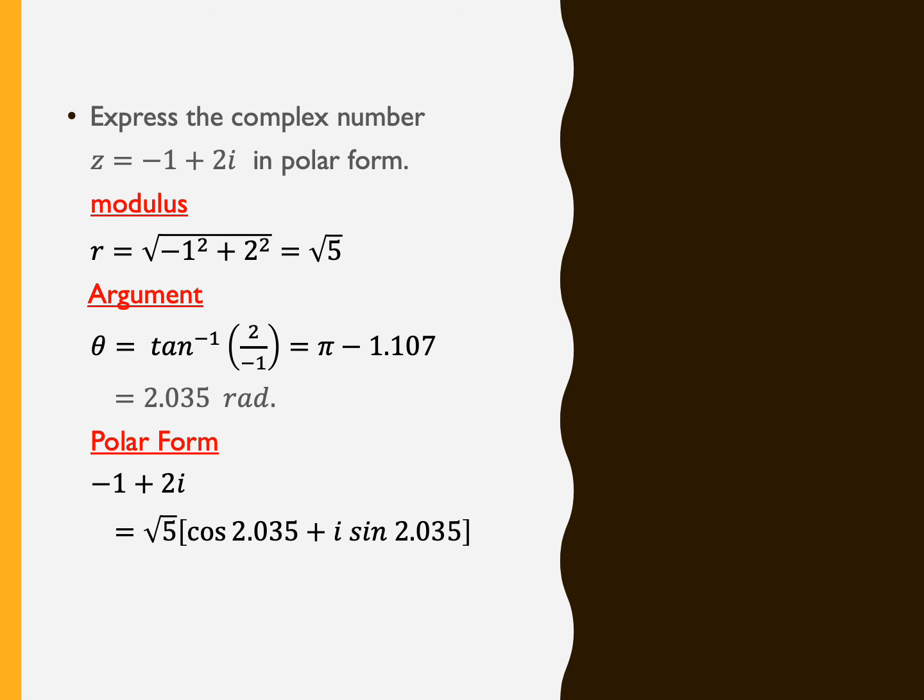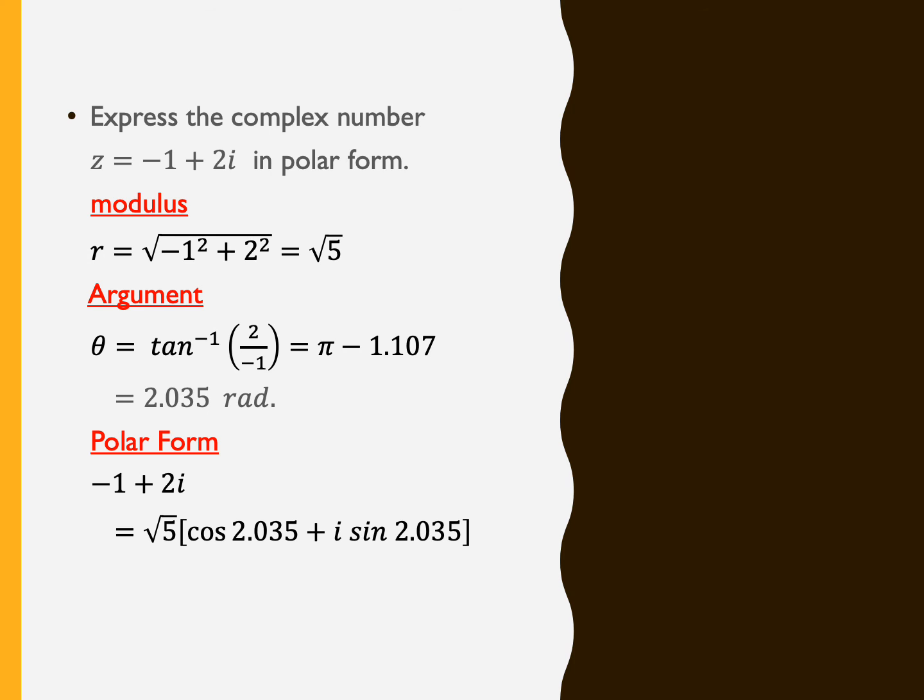The next step of the solution, we have to find the argument. The argument is equal to arctangent y over x. That is equal to pi minus 1.107 radians, following the principal argument. So the argument z equals 2.035 radians.